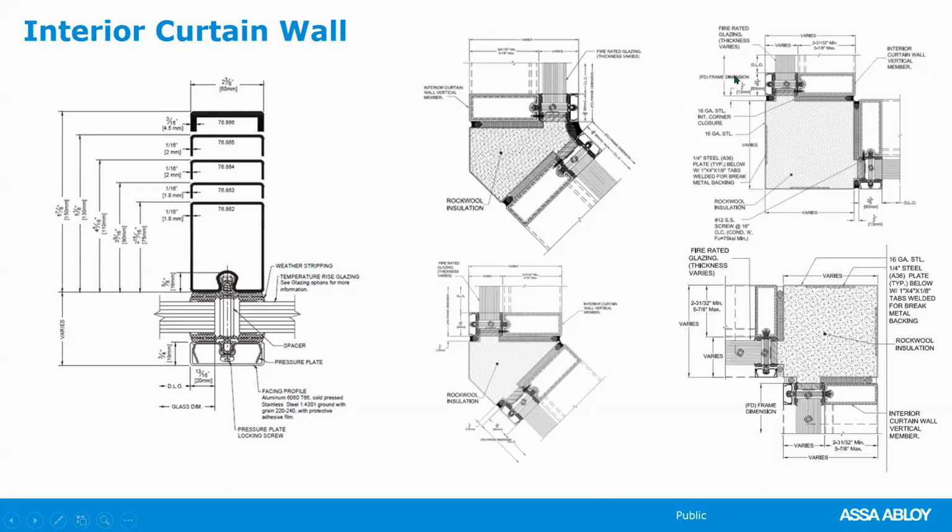When I say interior and exterior, I mean the difference in location of the frame on the angle and on the 90-degree. The cover plate here can be aluminum or stainless steel, as well as primed or painted steel.